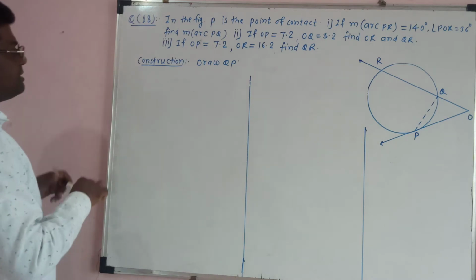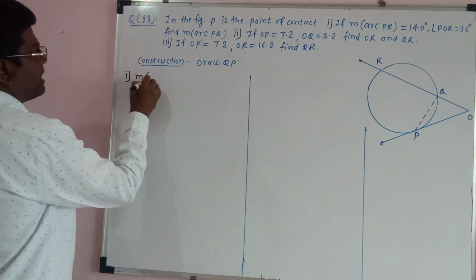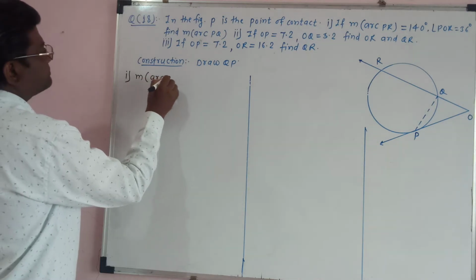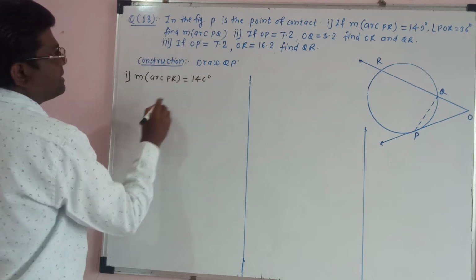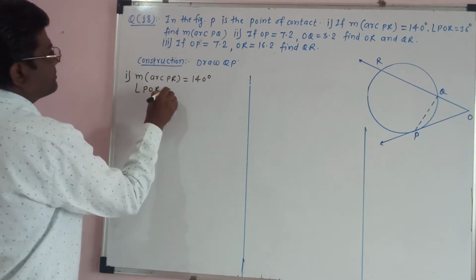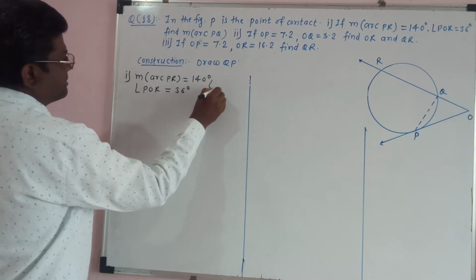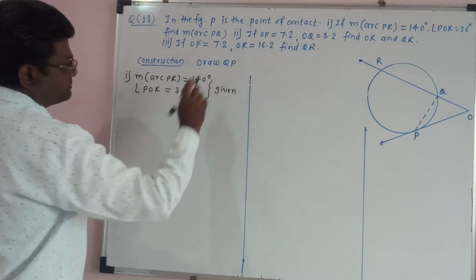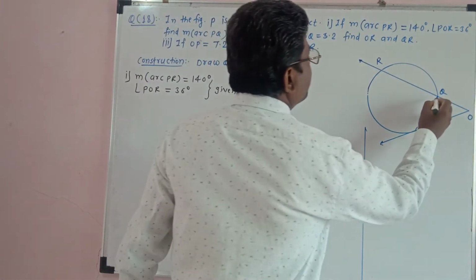Now let's solve. Number 1. Measure of arc PR is equal to 140 degrees. Angle POR is equal to 36 degrees. It is given. Now let's find this angle.